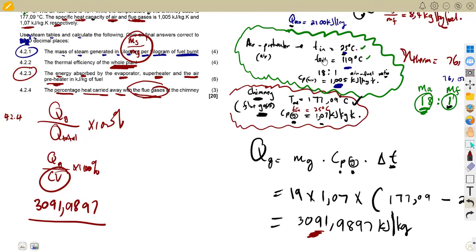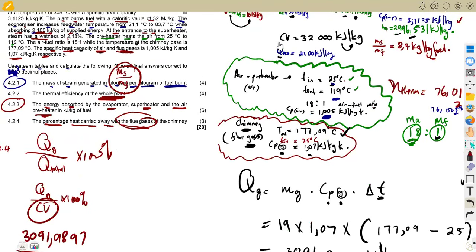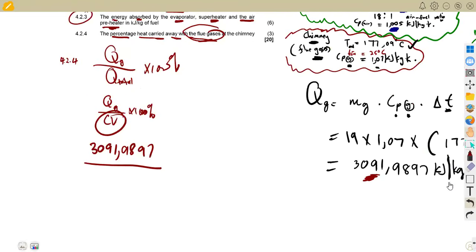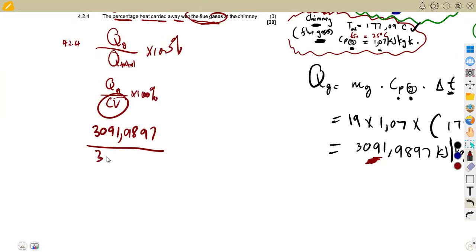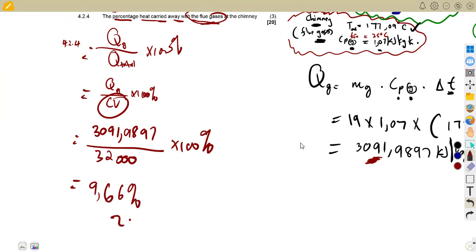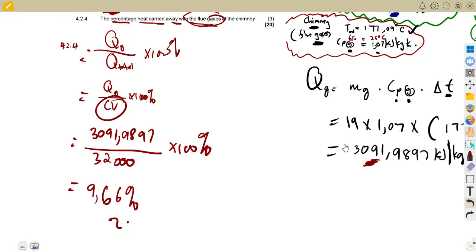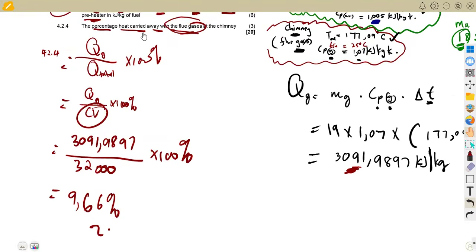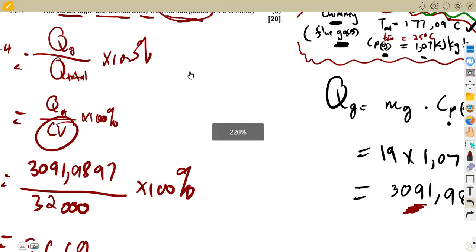Remember, our calorific value, we said, is 32,000 kilojoules per kilogram, times 100%. So that is going to give us the percentage, which is 9.66 to 2 decimal places. So that was the percentage of the heat carried away with the flue gases at the chimney.